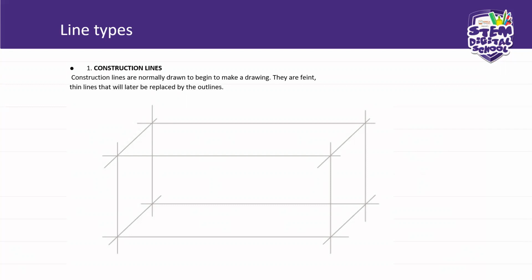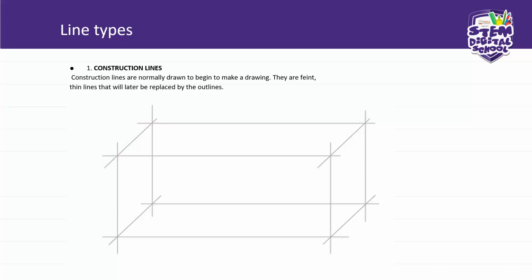How do you construct these lines? All right, you hold your pencil further from the lead tip. Because when you draw your darker lines, you hold your pencil with your fingers a little bit closer to the lead tip.